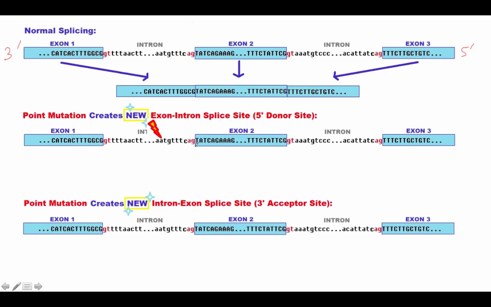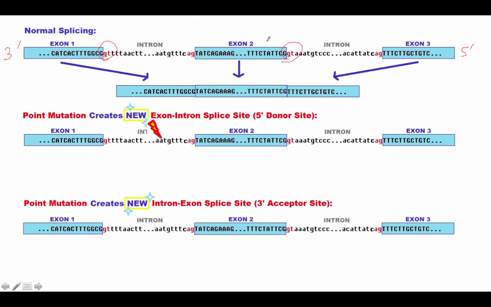And so the intron exon splice sites are going to be on the right-hand side, or the 5' side of these exons. So this is the intron exon splice site or 3' acceptor site.